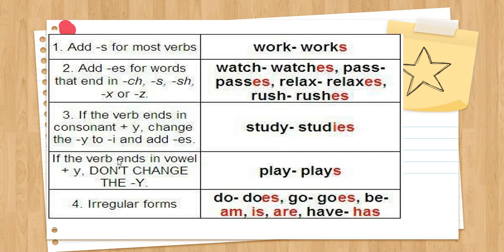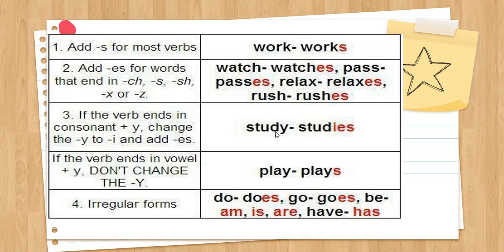If the verb ends in a vowel plus Y, don't change the Y. It remains the same. Okay, you need to compare these two verbs. In this case, you have Y, but before that Y you have a consonant.